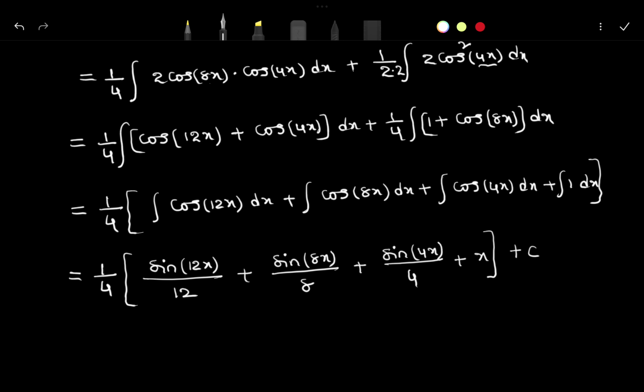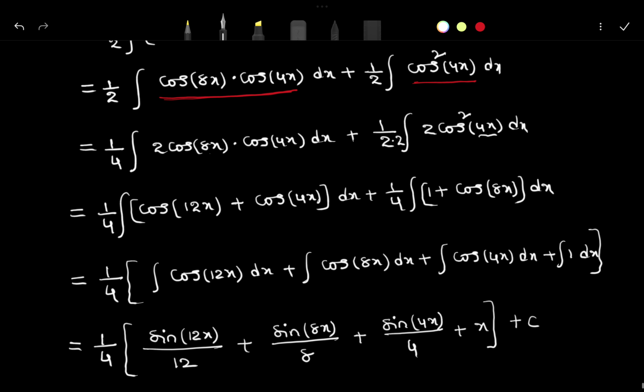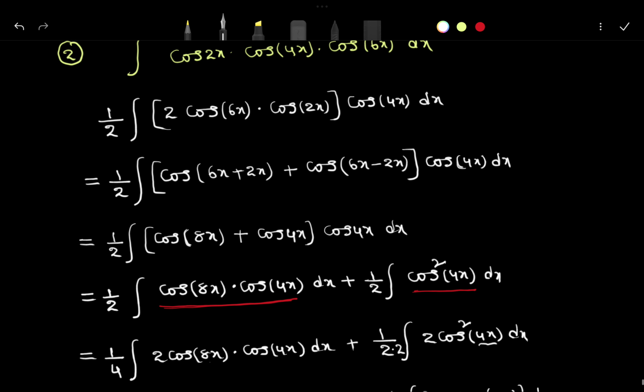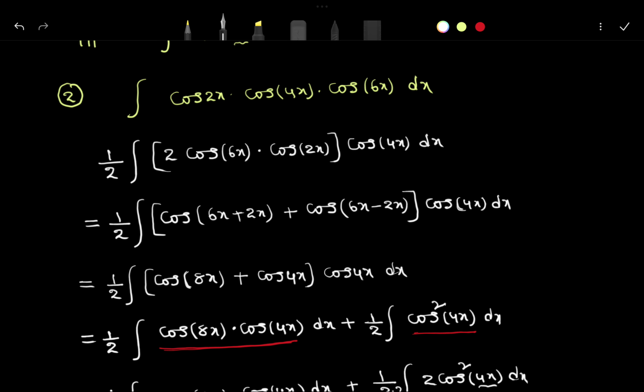So your final answer is 1/4 into (sin 12x by 12 plus sin 8x by 8 plus sin 4x by 4 plus x) plus c. That is the integration of cos 2x into cos 4x into cos 6x.